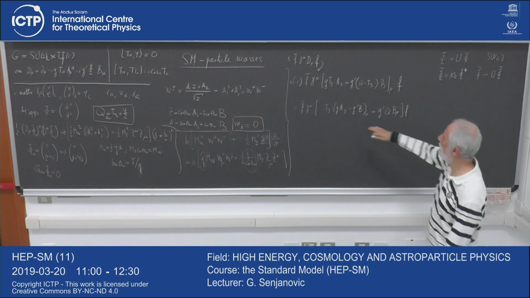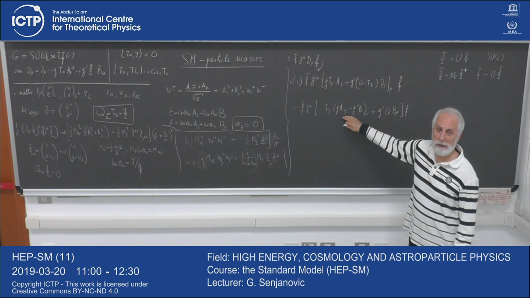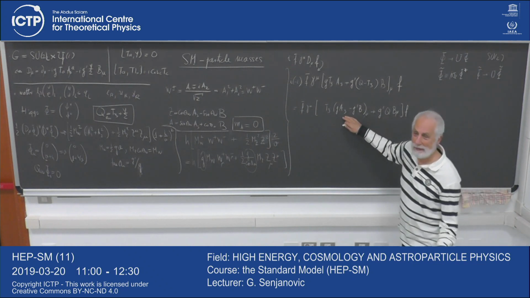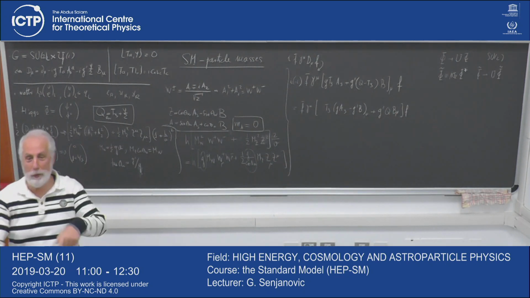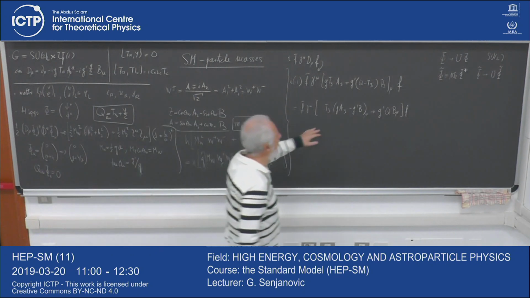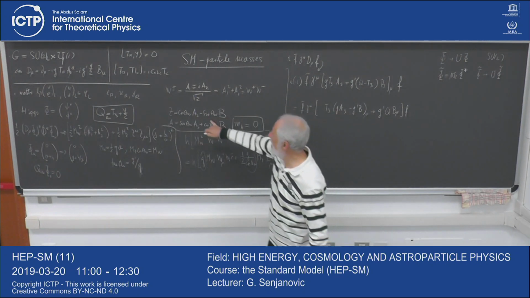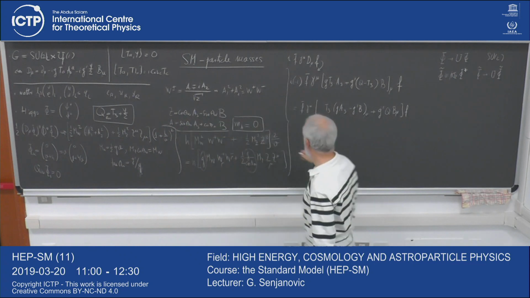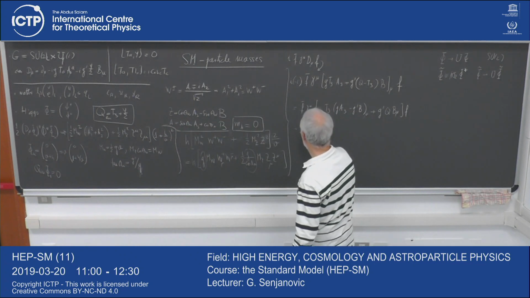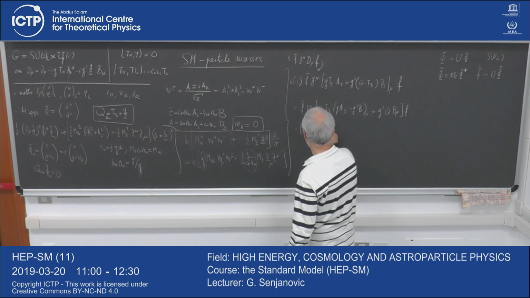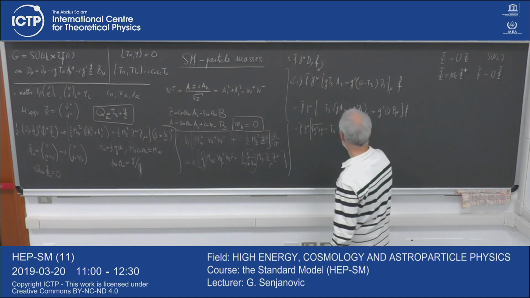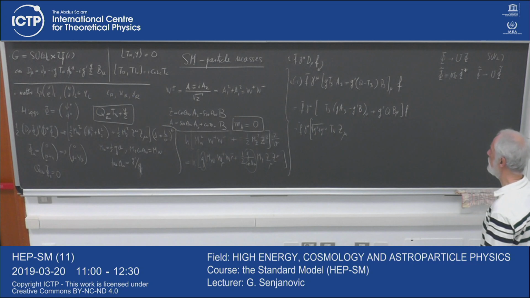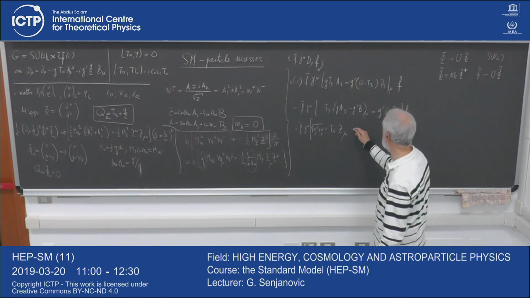What is this? This is a Z boson. I'm lucky. See, it's simpler this way. In the case when we didn't know about symmetry breaking, we had to define the photon and look at the orthogonal states. Here it came out. This is my Z boson, if you pay attention here, because this is cosine θ_W. In other words, this is ψ̄ γ^μ square root of g squared plus g′ squared T3 Z_μ plus g′.